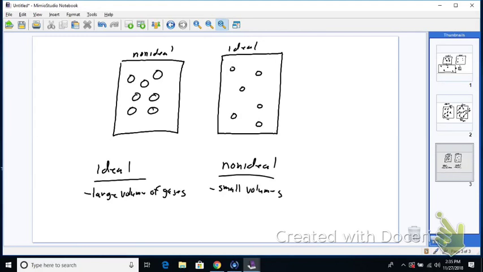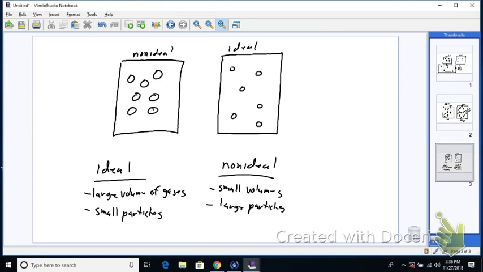Okay, what's another one? What do we look for? Small particles. Yes, small particles. And then non-ideal would be large particles. Very good.